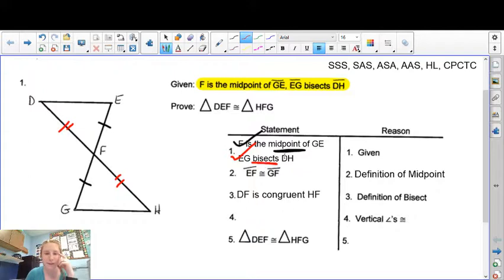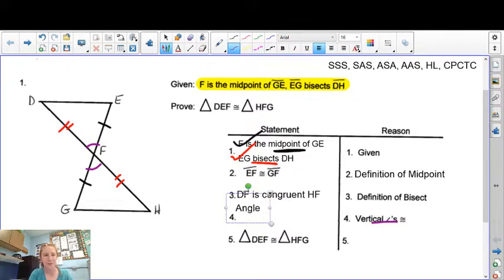Next, I see that there's nothing else in the given, but maybe there's some free stuff. Ooh, vertical angles. That's free stuff. Vertical angles are across from each other in our bow tie. And I can't just say angle F here, unfortunately, because F is split into four technically different pieces.